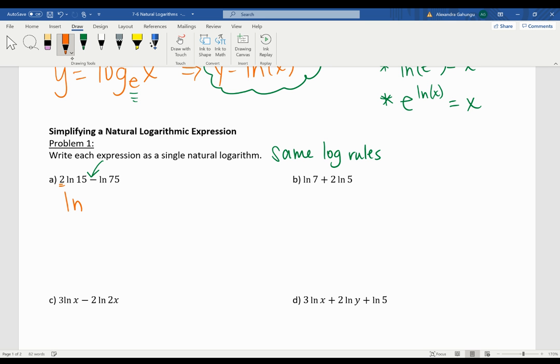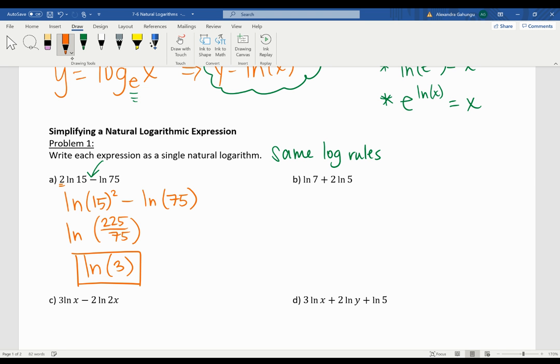So it'll be the ln of 15 squared minus ln of 75, because we got to move that coefficient. And so that's the ln of 225, which is 15 squared, over 75, because the minus sign means we divide when we write it as a single log. So we'll get ln of 3.